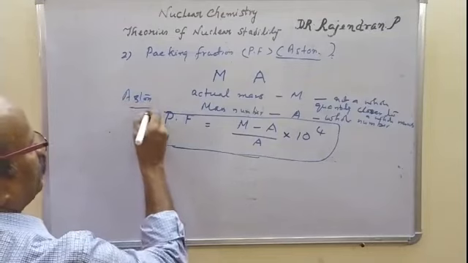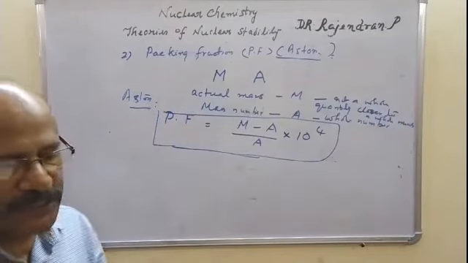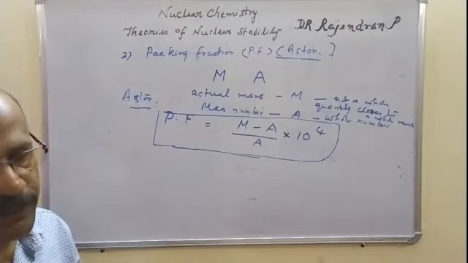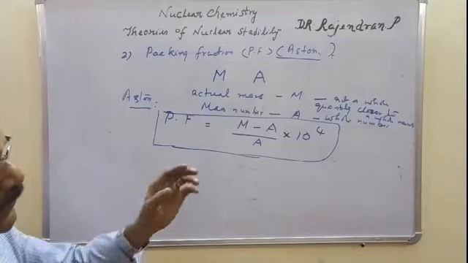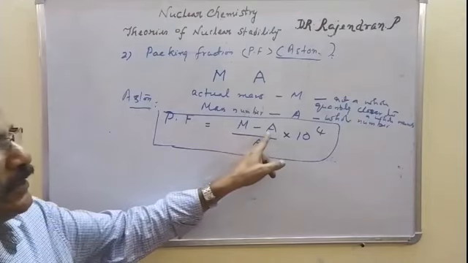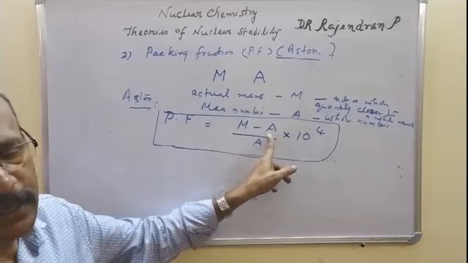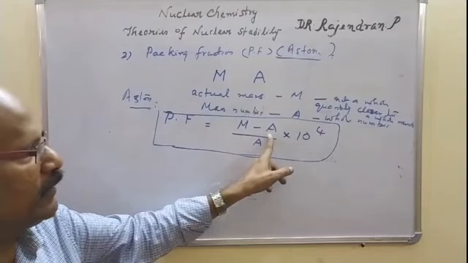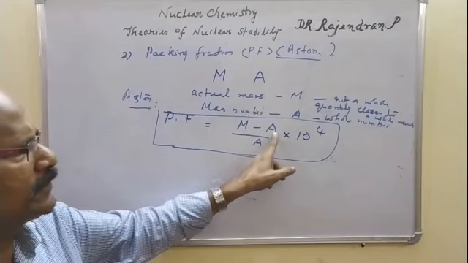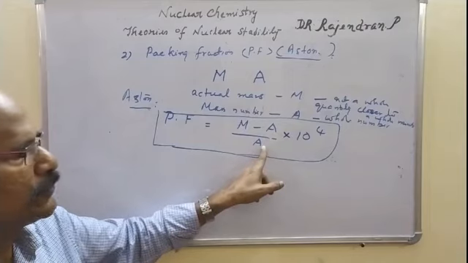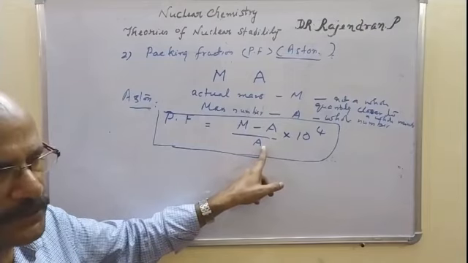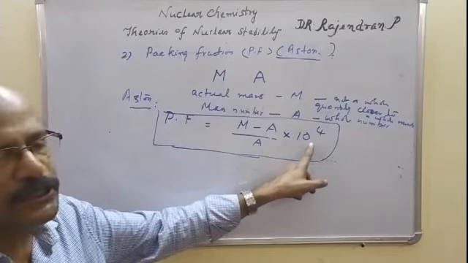So what is packing fraction? A packing fraction is a term introduced by Aston, which is defined as the difference between the actual isotopic mass of the atom and the mass number, divided by the mass number of the nucleus or atom, multiplied by 10 raised to 4.